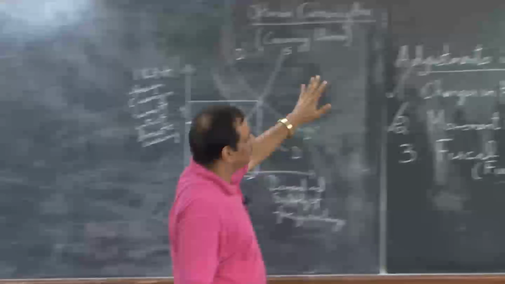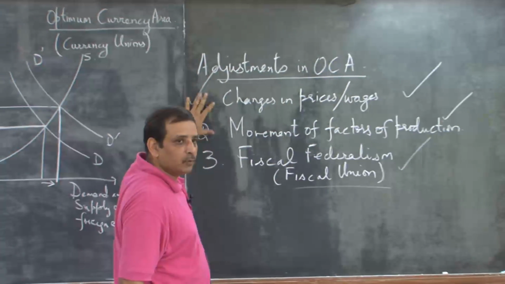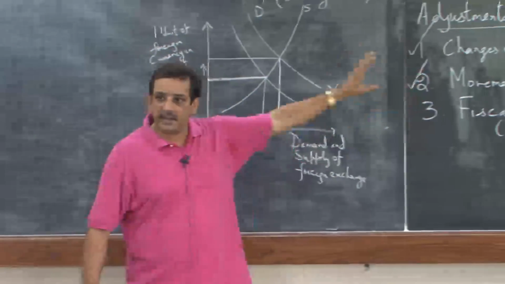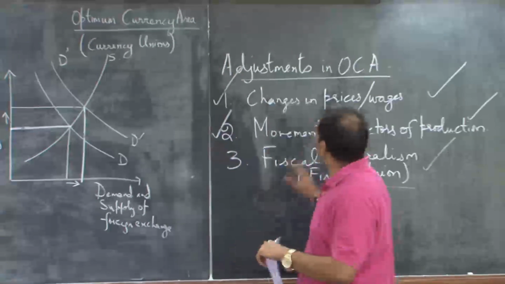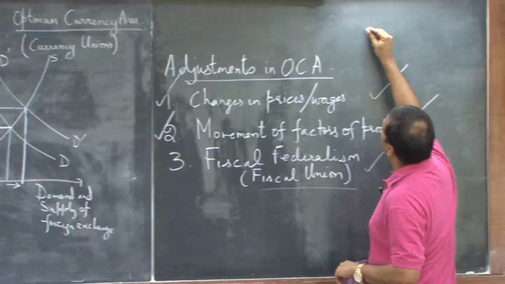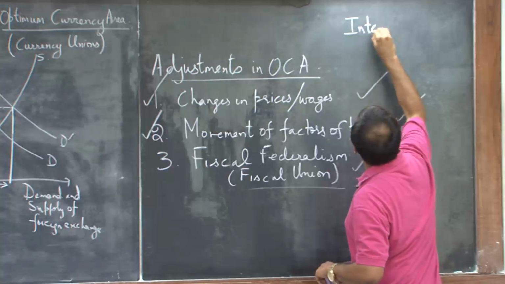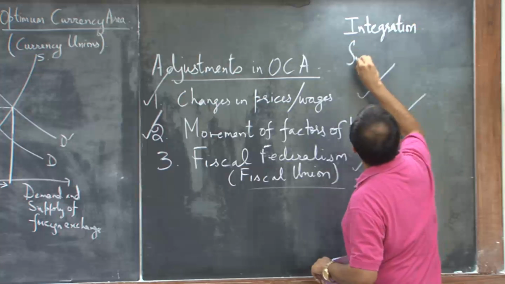So after this, there were people who worked on OCA, and they reclassified all these into two points, which were integration and symmetry.